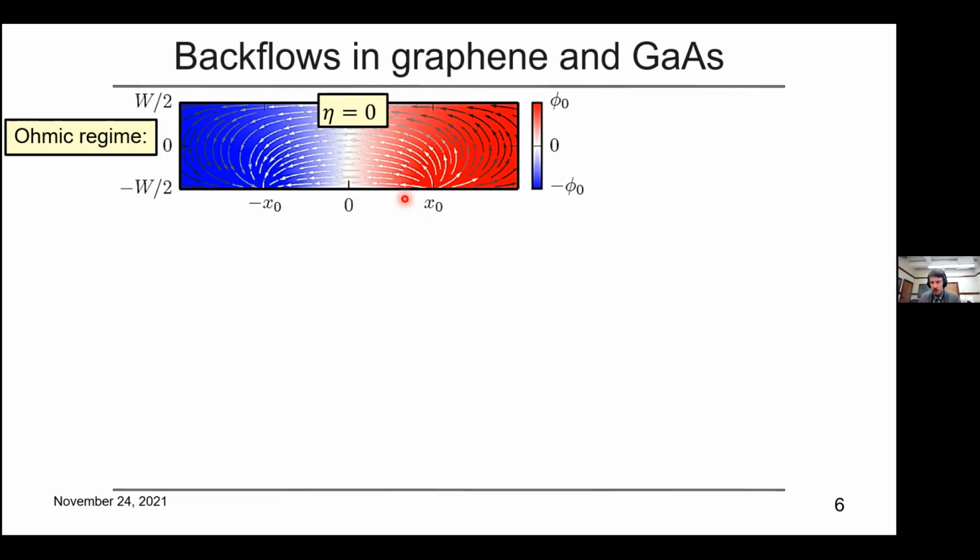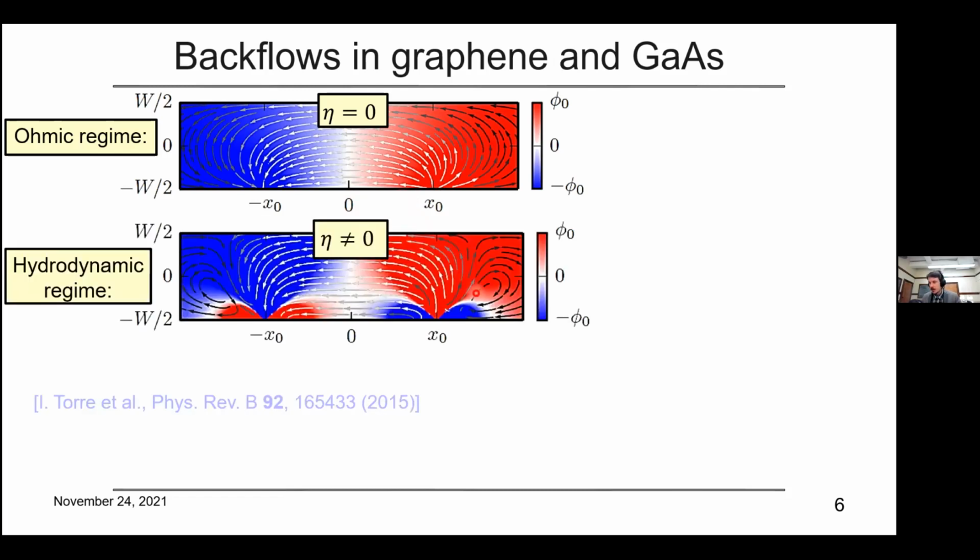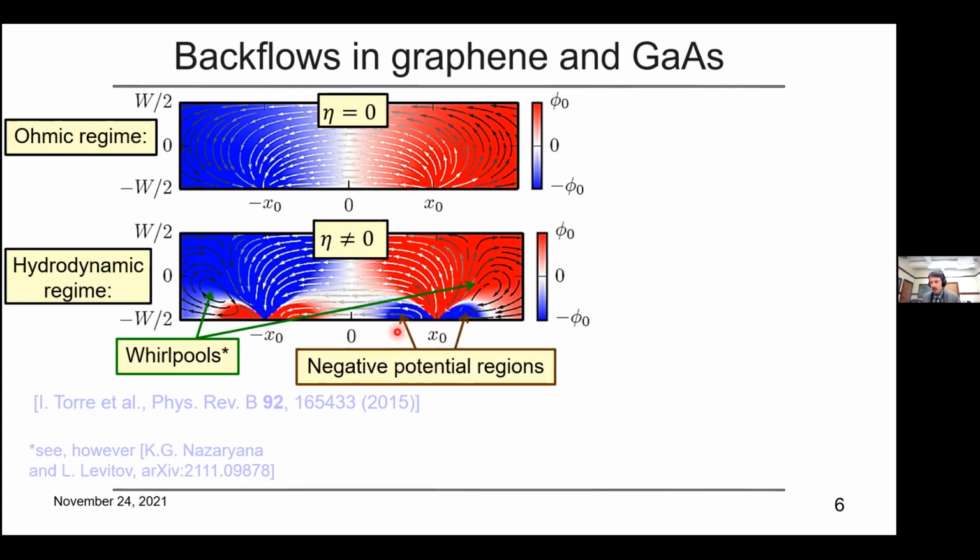However, if we include the electron viscosity, then the flow of electrons will strongly change. For example, you can see here there are several qualitative changes compared to the case with vanishing and non-vanishing viscosity. First, there are whirlpools that form near contacts. Second, we notice that there are regions where negative potential appears instead of positive.